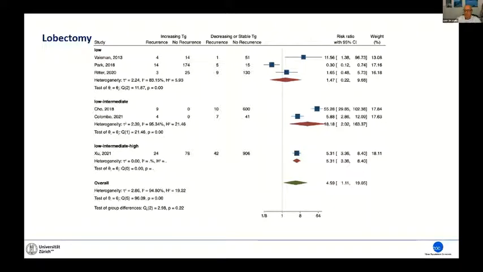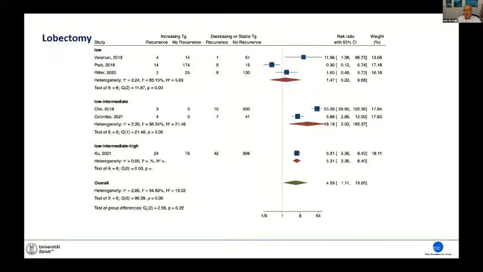So the probability to have recurrences is clearly higher in such patients. While in those studies including low-risk patients, that are those patients that typically are addressed to lobectomy based on current guidelines, the role of thyroglobulin is not accurate and its use is not supported.